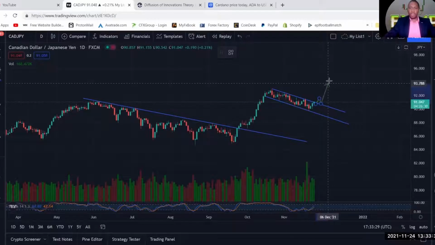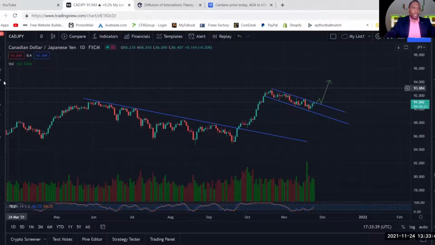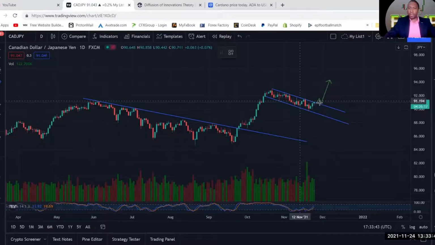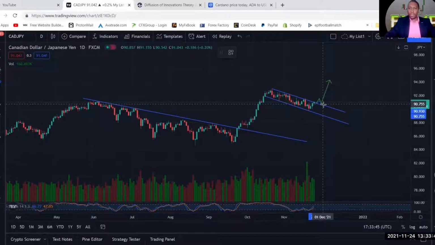We'll be looking to see the test of the structure of the channel once it breaks above the channel, and then we'll be looking for a buy position in that area where we get the test, before we start placing our buy orders for that bullish move.